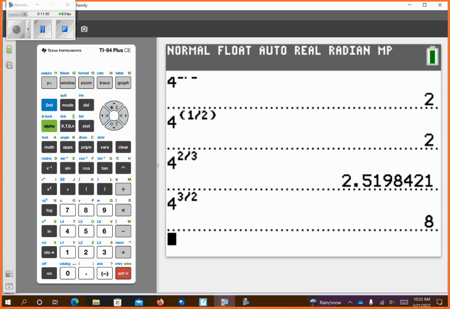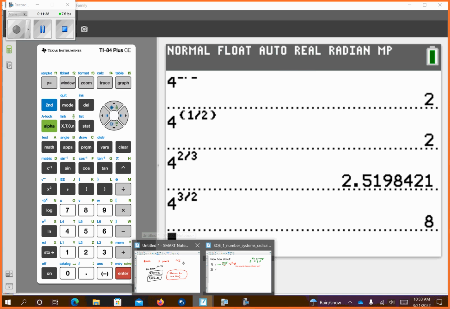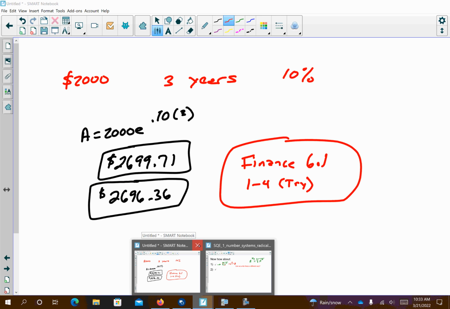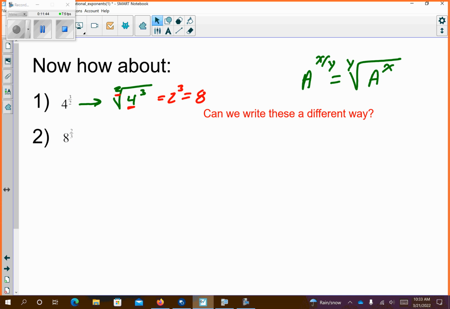Ignore the 2/3. I went the wrong way. Okay, so the calculator handles it nicely. Sometimes the calculator is going to be a good friend of yours. Sometimes it's not. Let me clear that.